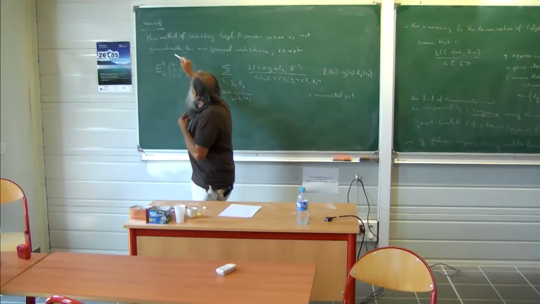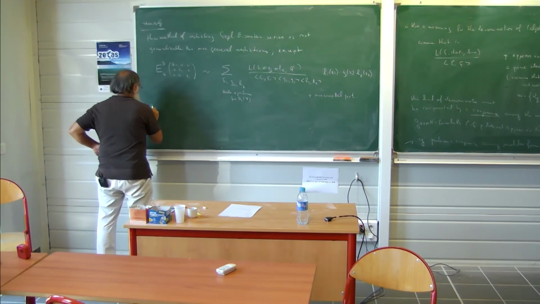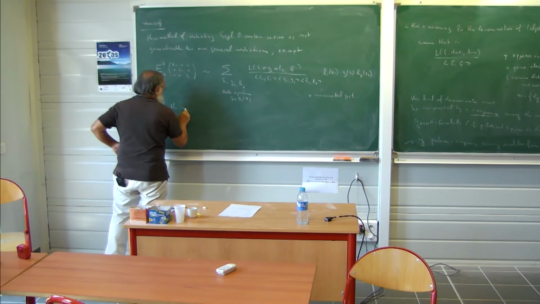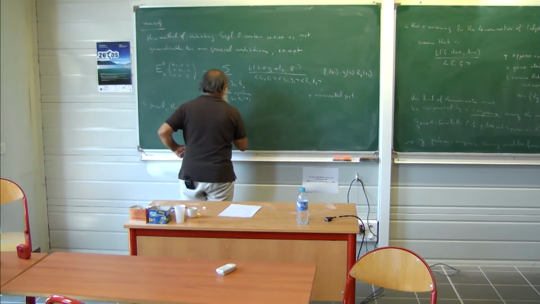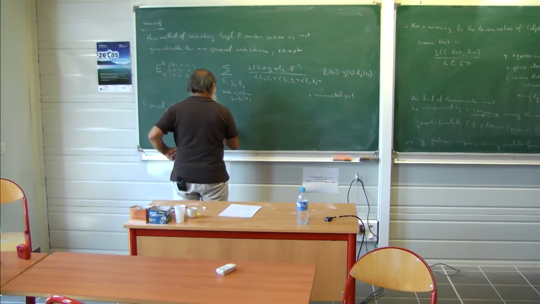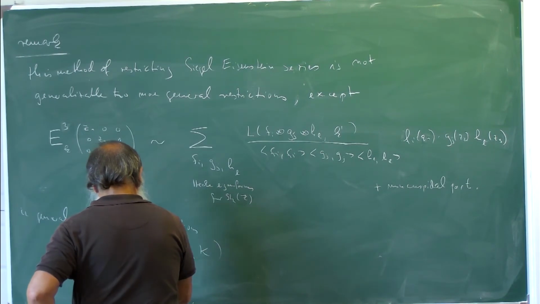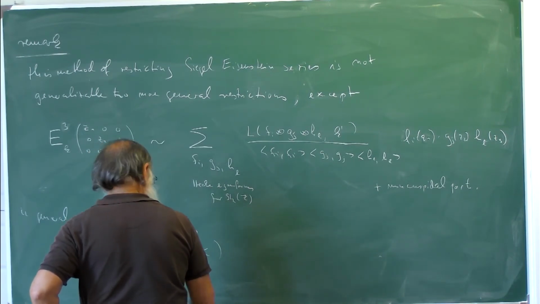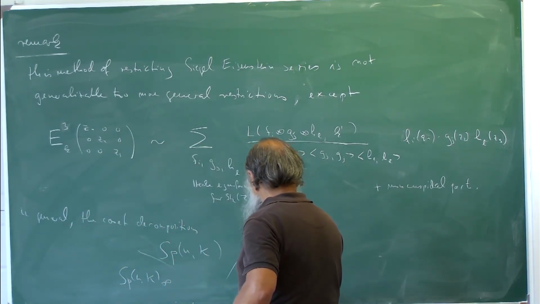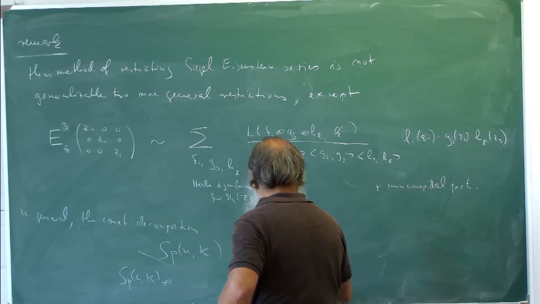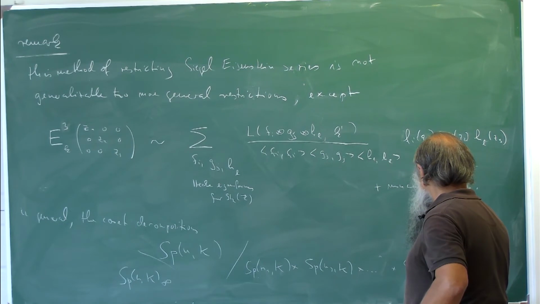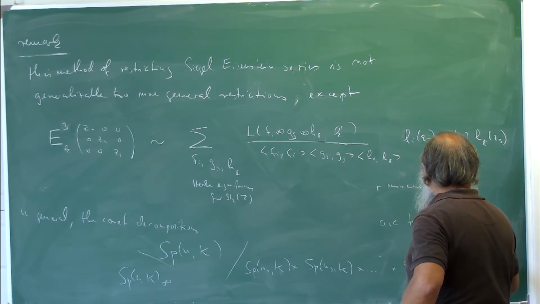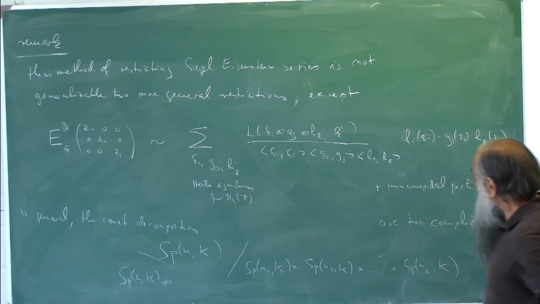And why does this method not work in general? In general, suppose that, say Sp, and even over a field, they will become too complicated.